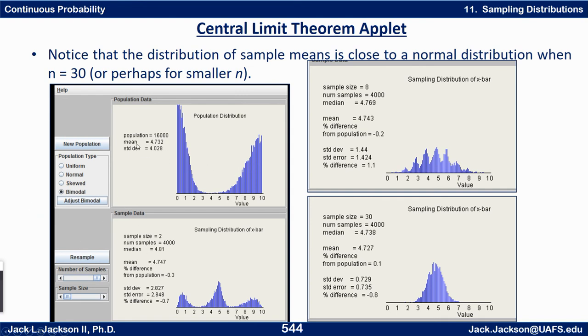If we do samples of size 2, we end up with this sort of trimodal looking thing here. Samples of size 8, 4,000 samples, gives us something like this. Samples of size 30 with 4,000 samples gave us a graph looking like this last one.